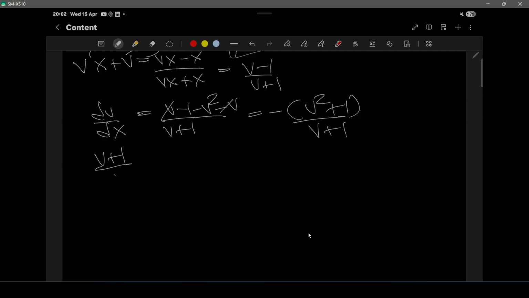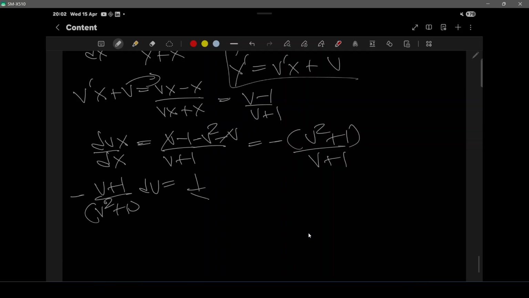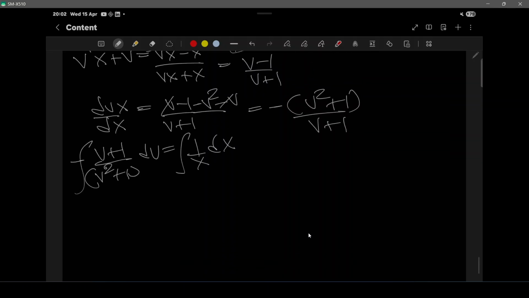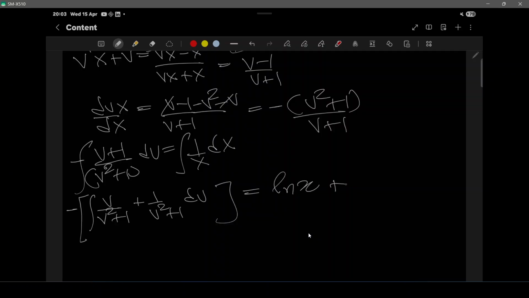v plus 1 over v squared plus 1 dv is equal to 1 over x dx. So we have to integrate both sides. We can rewrite this as v over v squared plus 1 plus 1 over v squared plus 1 dv, and this is equal to ln x plus c.